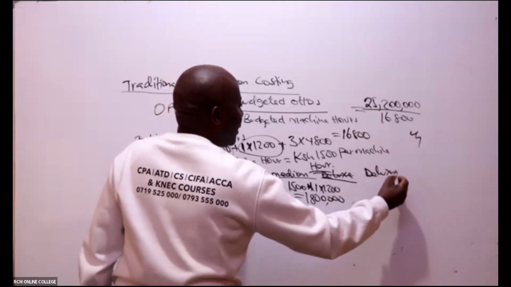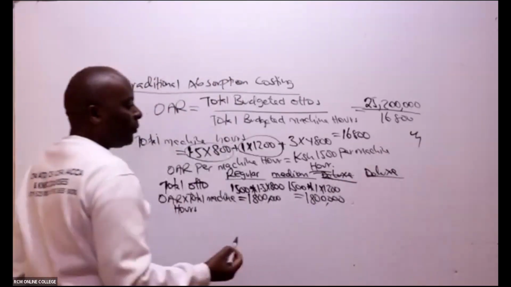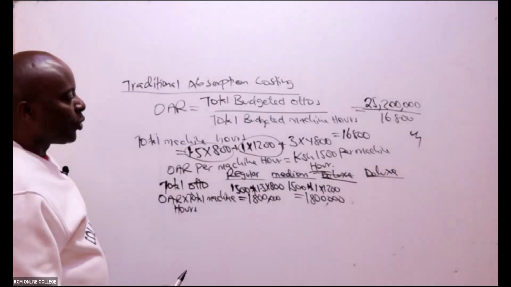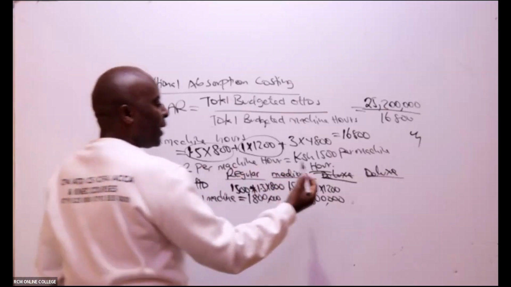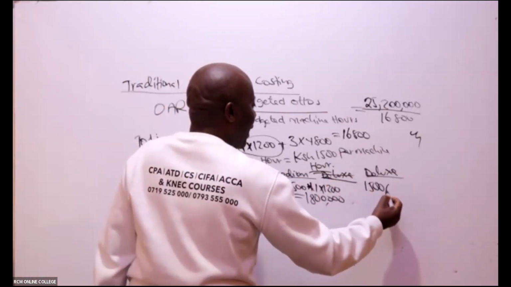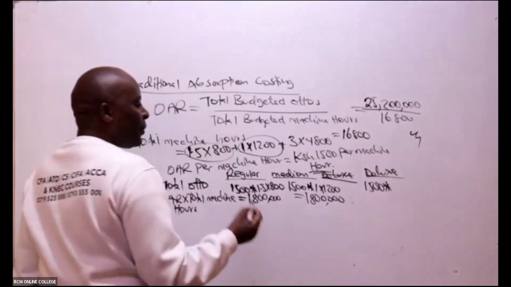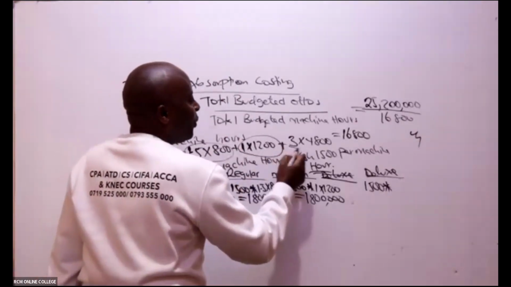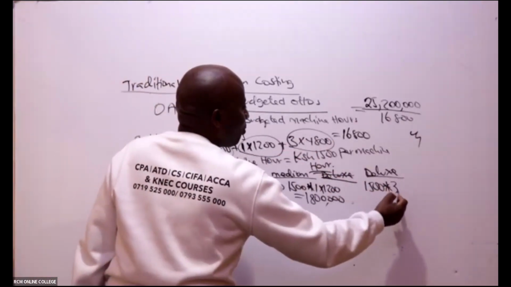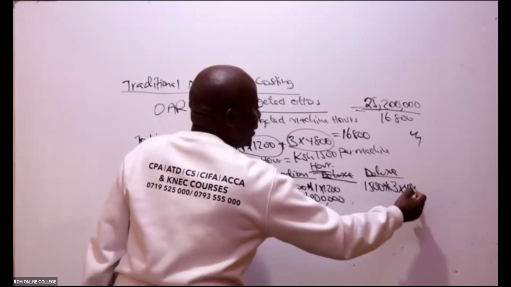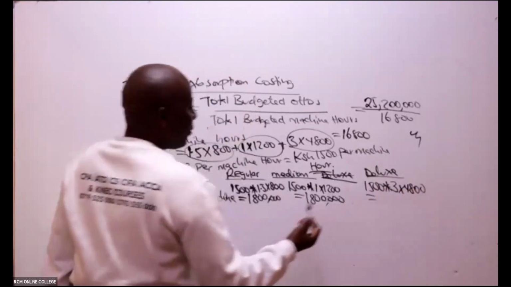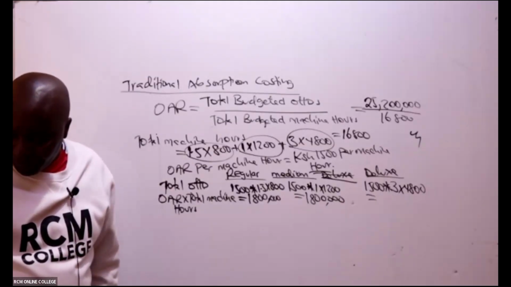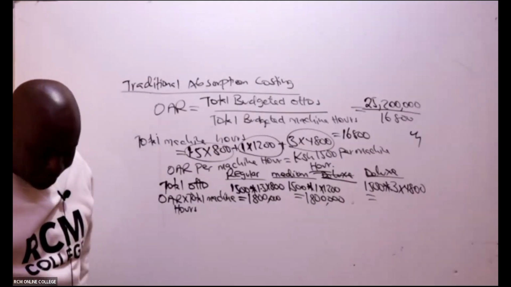Under deluxe, we are using the blanket-wide rate, which is 1,500, times the hours of deluxe. Deluxe is a special product. It's an expensive product. Can somebody give me this total overheads? 21,600,000.